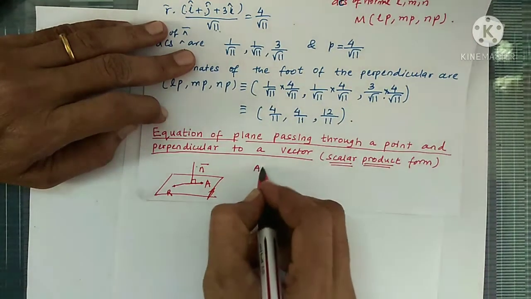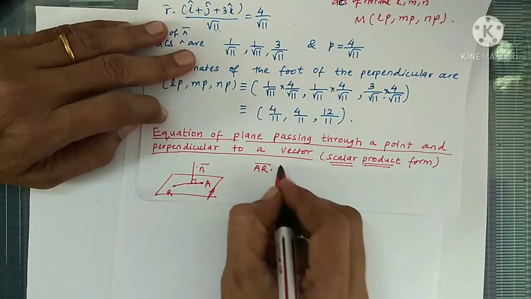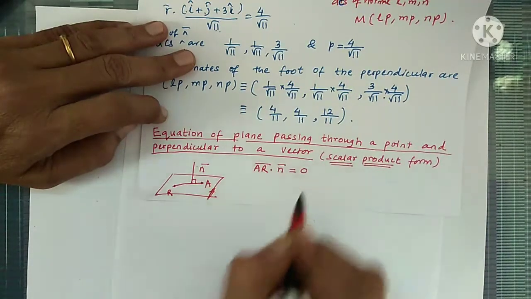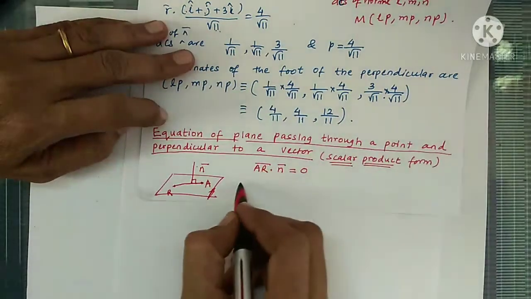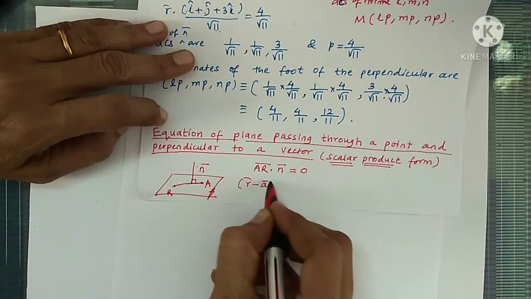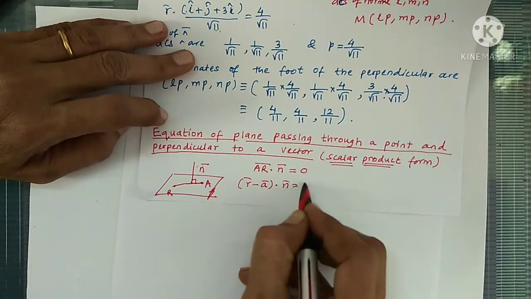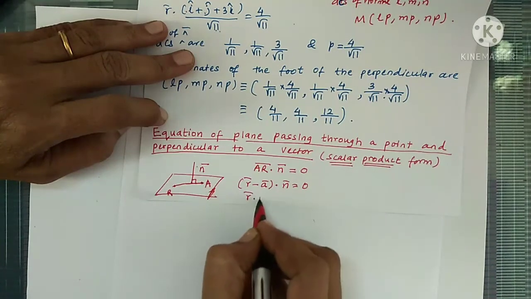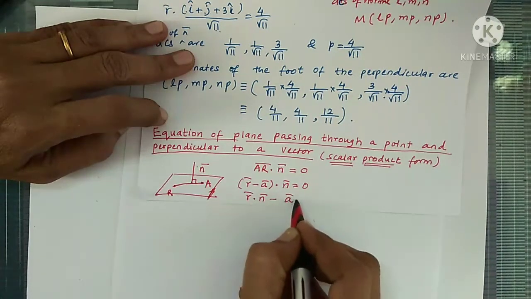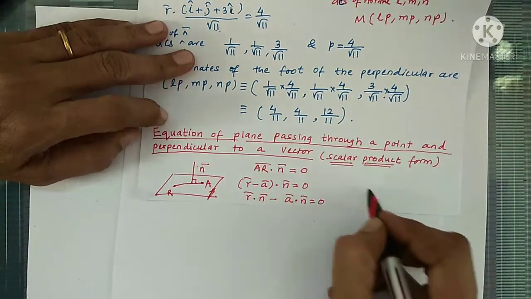If two vectors are perpendicular, their dot product is 0. So AR bar dot n bar equals 0, that means (r bar minus a bar) dot n bar equal to 0, that means r bar dot n bar minus a bar dot n bar equal to 0.